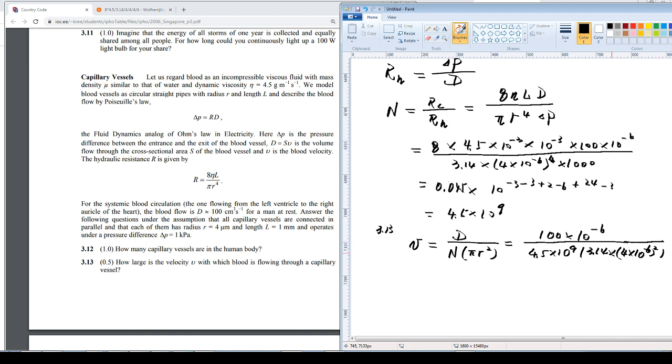By definition, the flow rate over total cross-sectional area.